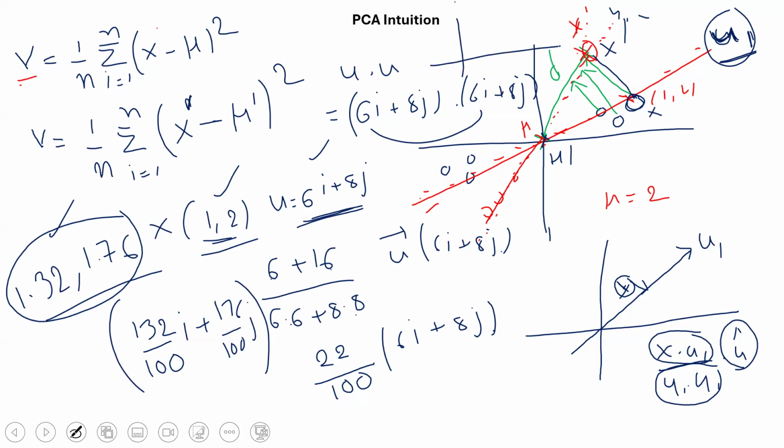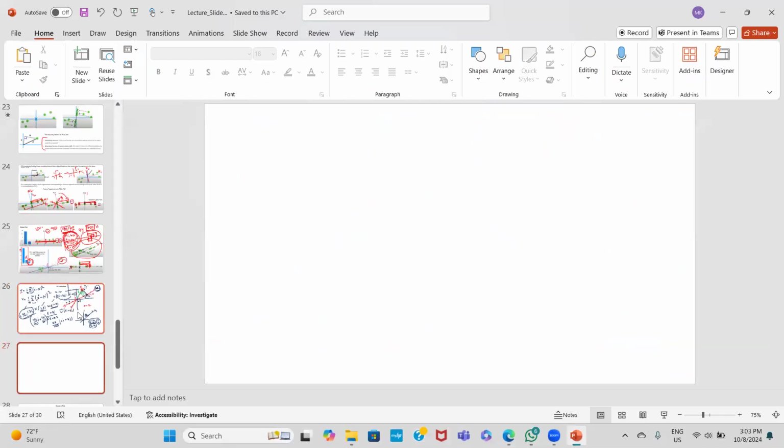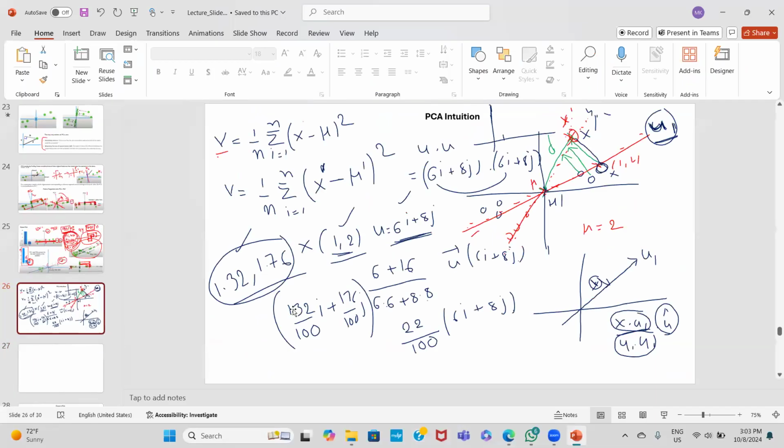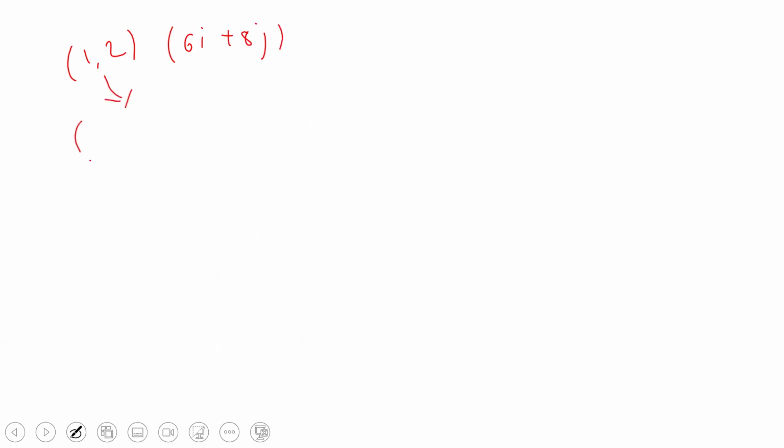Let me go back and add a new slide. So now what we have got is that the point 1 comma 2 projected onto the 6i plus 8j vector became 1.32 comma 1.76.